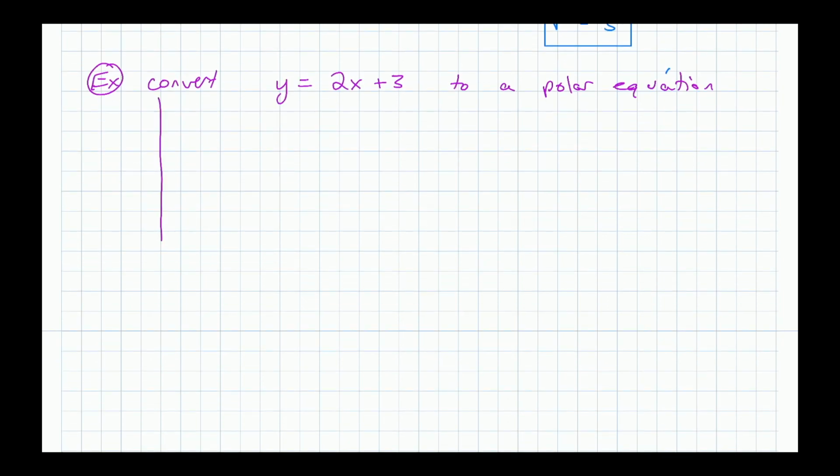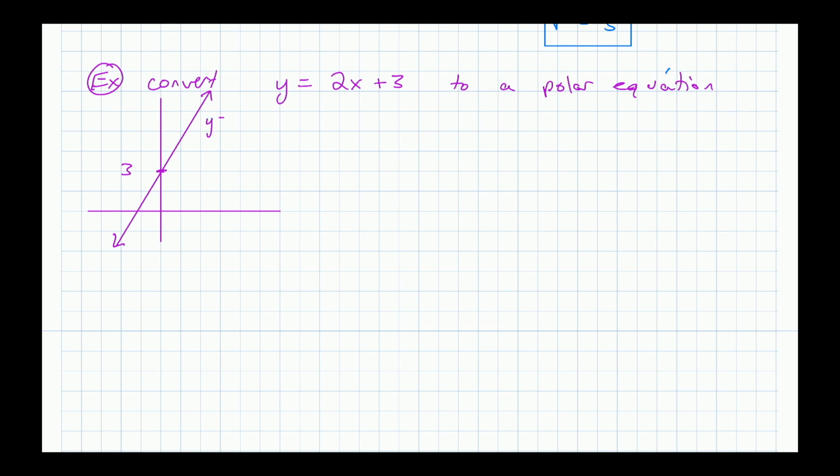So what would that look like? Well, we've got the equation of a line here. I'm not going to do this to scale, but we have a y-intercept of 3 and a slope of 2. I'm just going to draw a line through that point, and we'll pretend that it has a slope of 2.